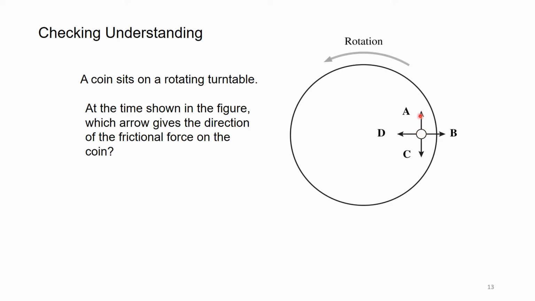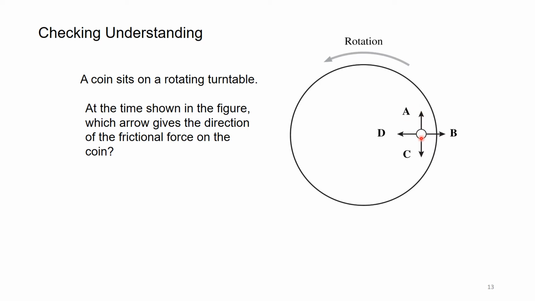This coin is moving in a circle. If you trace the path, you will see that this coin traces a path counterclockwise, goes around the circular path. So if the coin is moving in a circular path, it must have a centripetal force. So where does the centripetal force come from? What provides the centripetal force? If you think about it, the force that connects the coin to the turntable is friction. So the friction makes the coin turn with the turntable.